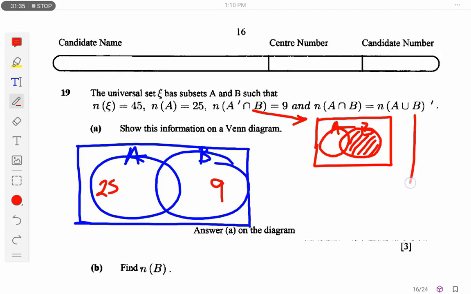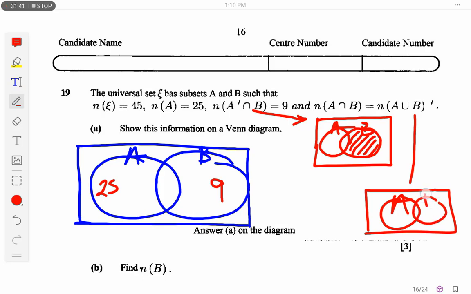So when we draw this one, it's like this. Our A, our B. So it's everything that is outside A and B, basically. That's the information that we are talking about. Everything that is outside A and B. Okay, so now we are saying that one at the end of the day, now let's do this.